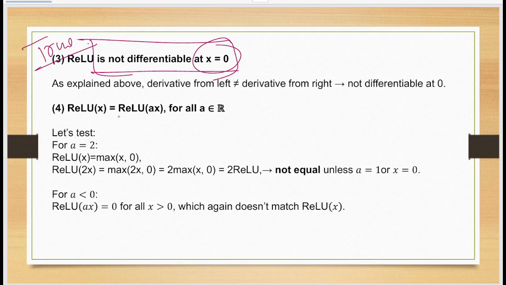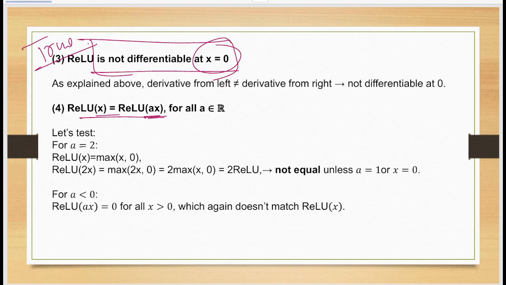Now the last one: ReLU of x equal to ReLU of ax. Here in the input we put the value ax instead of x. If it is true, both cases should give the same value.